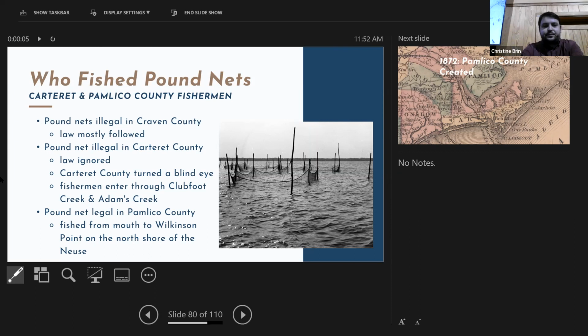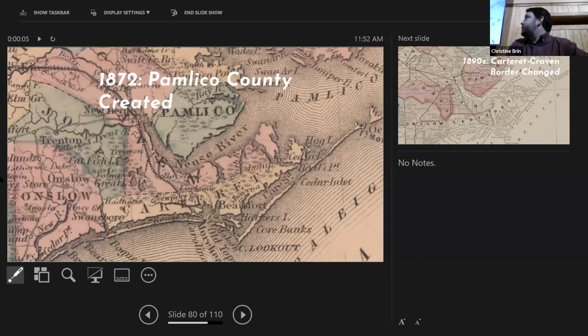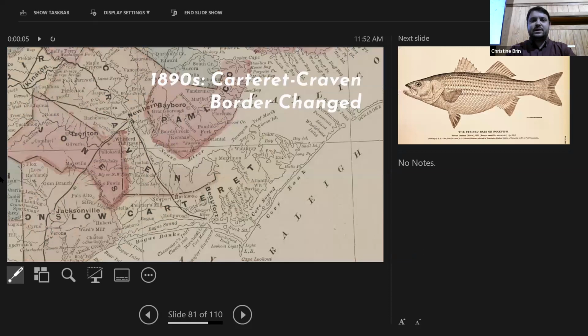And so here's a map showing you what the area looked like at the time in 1872, up until about 1895, 1896. Things change, and Craven County cedes land to Carteret County, and Carteret County, for the first time, has access to the Neuse River.